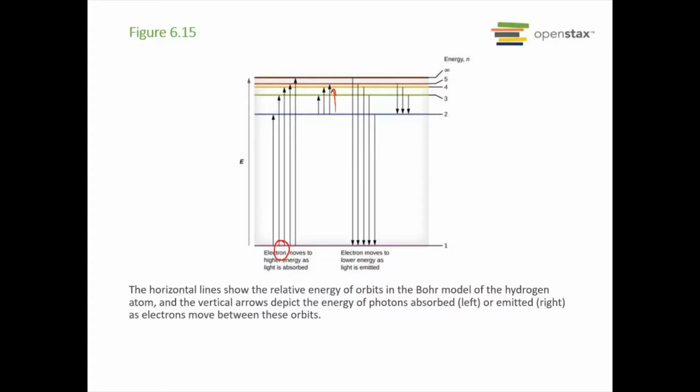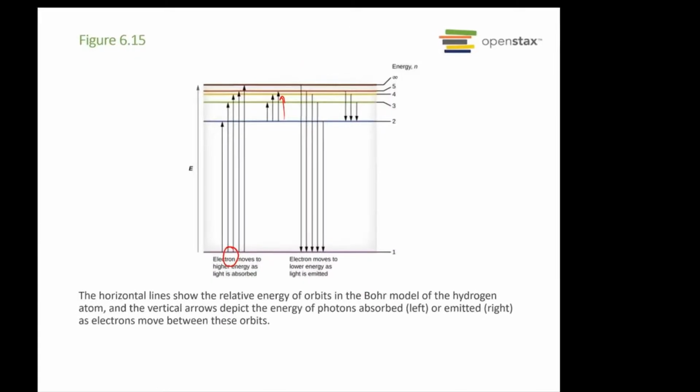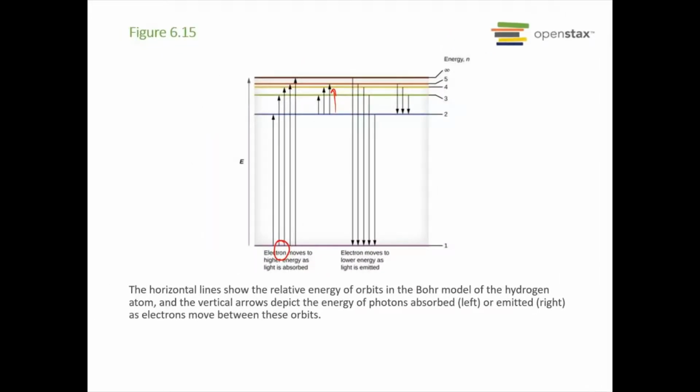It can fall from these different levels. And it's going to go straight to whatever level. It's not going to go, okay, I'm going to go from 5 to 3 and then chill. No, it's going to go straight. If it wants to go from 5 to 2, that's the amount of energy that it's emitting. Okay, so you can see all these different ways that this energy can be either absorbed or emitted.